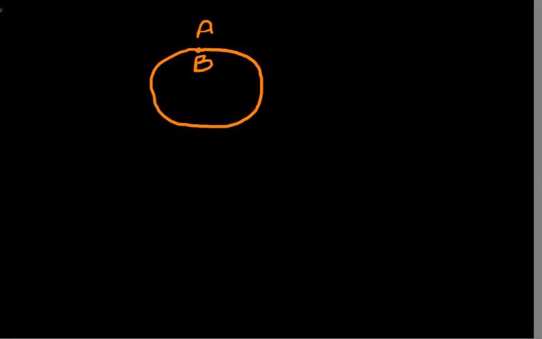So A is our starting point and B is our ending point. Now let's figure out the distance and the displacement. Let's assume that the circumference of this circle equals 2 meters. So the length of this path from A to B is 2 meters.